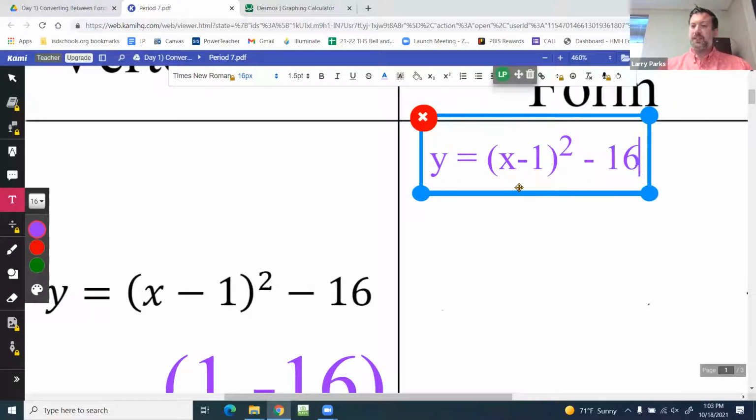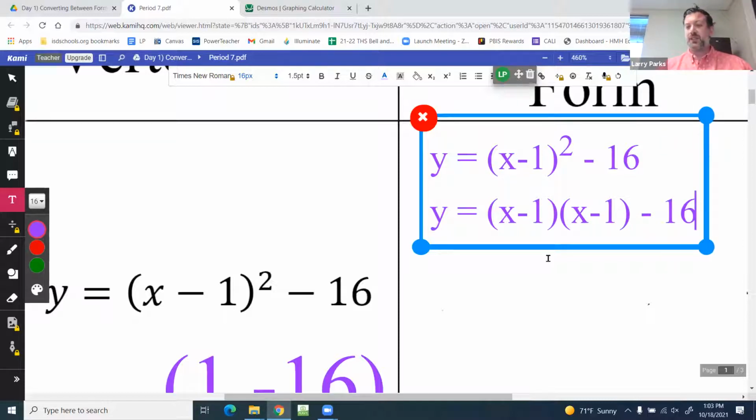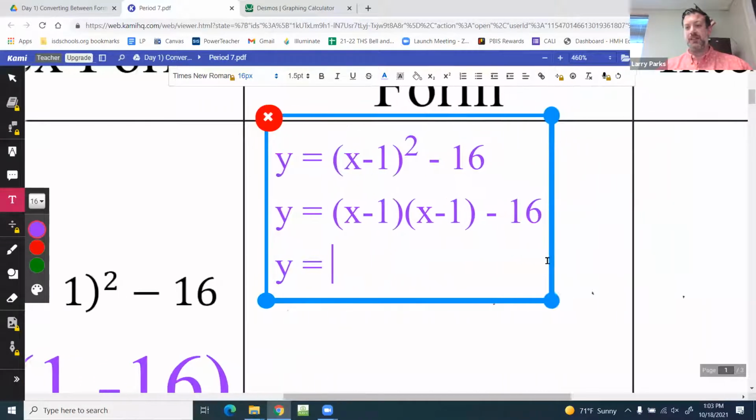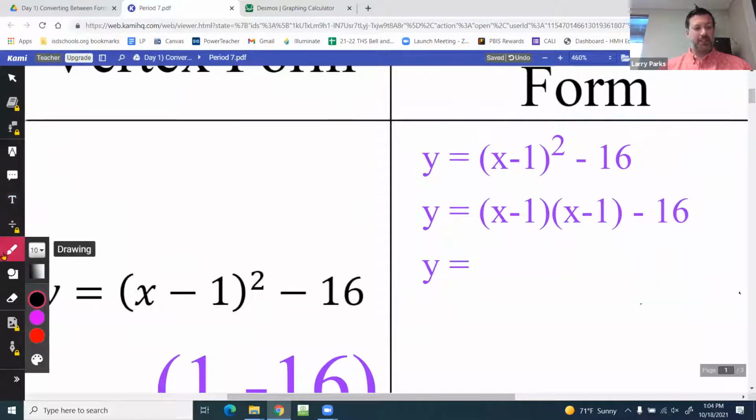Now, in order to put this in standard form, I need to distribute this. And x minus 1 squared means put it down twice. And if I take x minus 1 times x minus 1, which there's many different ways to do that, but you take x times x, and that's x squared.